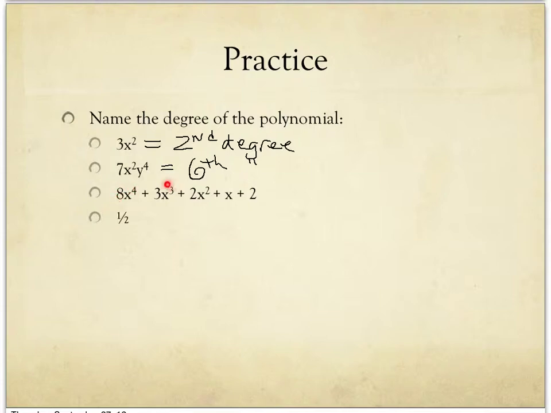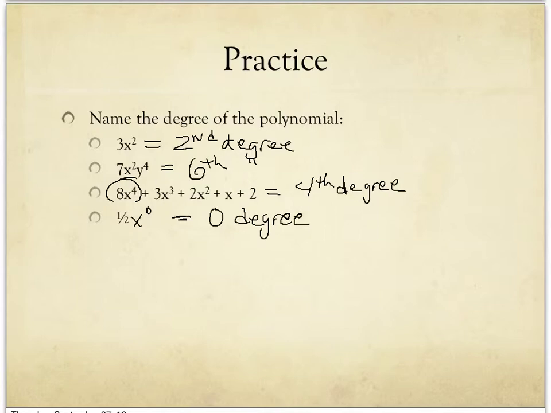We have 1, 2, 3, 4, 5 terms, and we have to choose the one with the highest exponent to be the degree of the polynomial, and that would be this 8x to the 4th term. So this would have a 4th degree classification. Okay. Now what about this, 1/2? Remember I said 1/2 is like saying 1/2 x to the 0 power. So this is a 0 degree polynomial, actually a monomial.